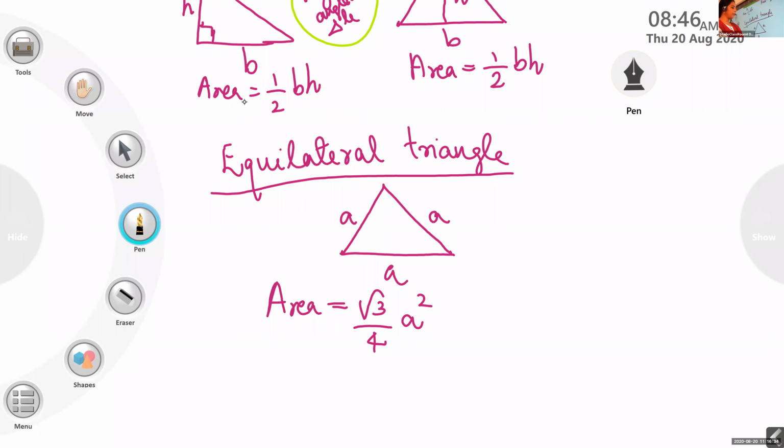But now we are not going to do problems based on this. This we have already studied. I just gave a brief recap, to test whether you have studied it or not. We have just revised those formulas, but in this chapter we are not using them. We are studying some other formula.